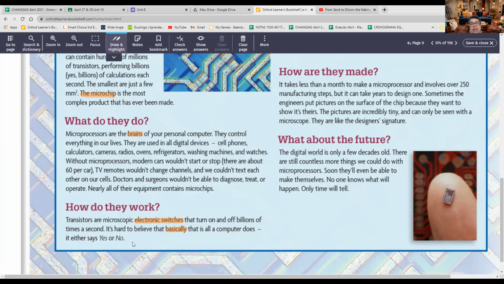They simply say yes or no. We can do so many things with our computers, but the root of the computer is manufactured to just say yes or no, but they do it billions of times in a second. That's what makes them so special.